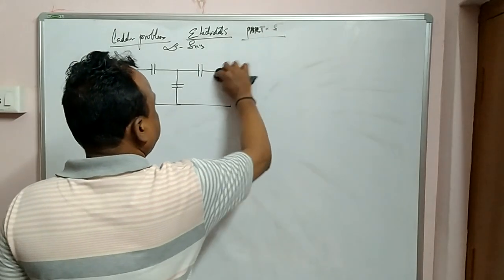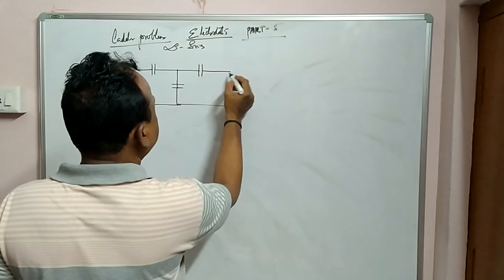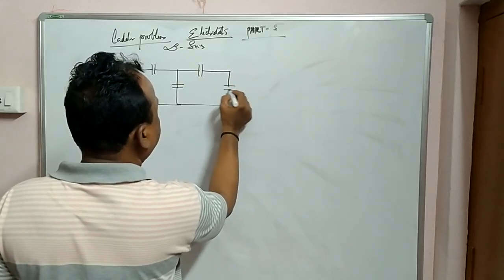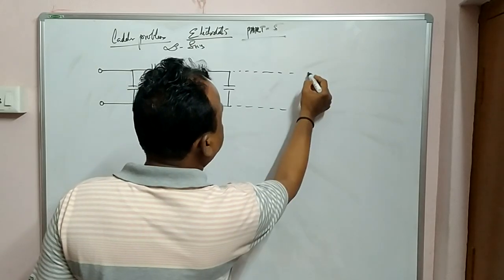How to solve such type of problems, because these are coming regularly in examinations nowadays. I will give the general form of how to solve them. If any values are given, you can continue with that. This is continuing up to infinity.